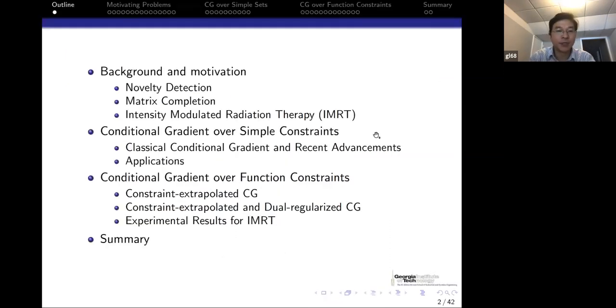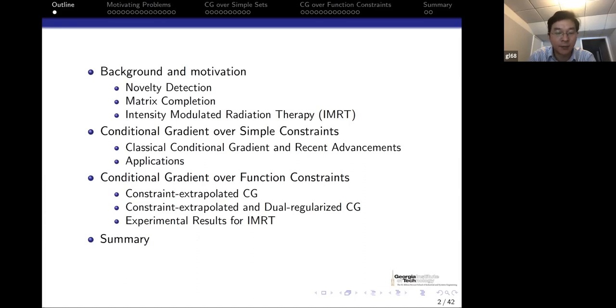I'm going to start with a few applications that inspire us to use projection-free methods, including novelty detection, matrix completion, and some applications in the healthcare industry, namely the intensity modulated radiation therapy problem. And then I'm going to show how the simple conditional gradient method can be used to address some of the challenges arising from these applications.